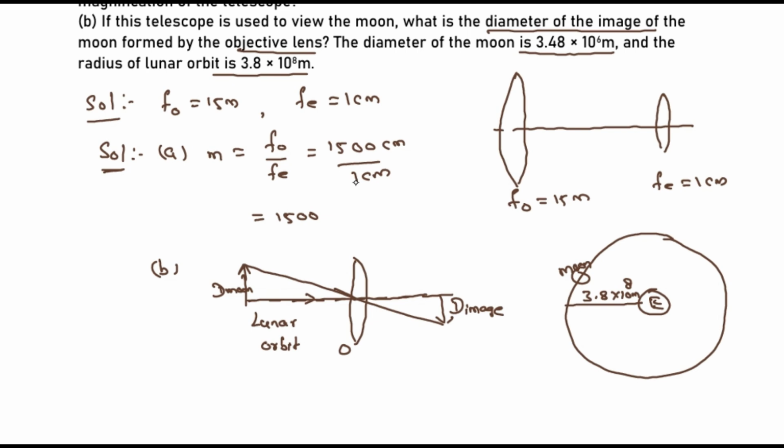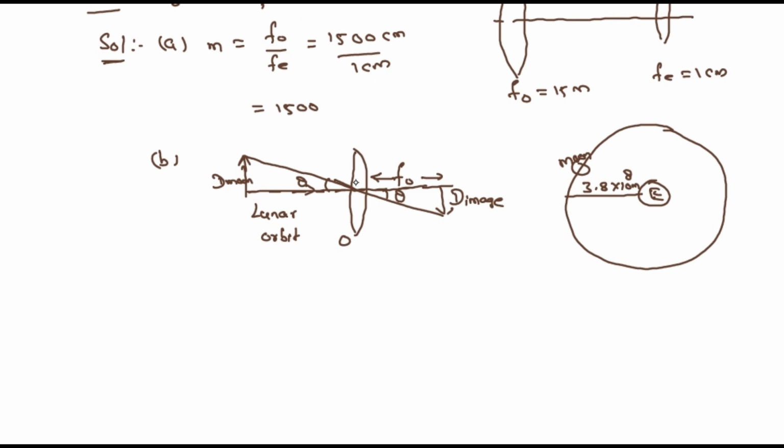And when the object is at infinity, the image will be formed at the focus. So here is the angle theta, here also angle theta, we can write both angles are the same.